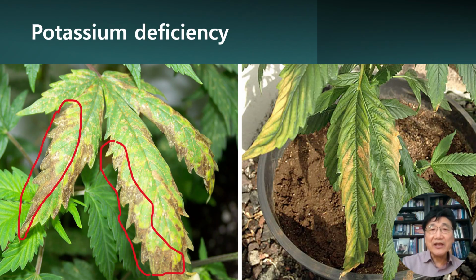In potassium deficient leaves, the leaf edges and tips turn brown and dry. Because potassium regulates water balance and enzyme activation, tip necrosis occurs.